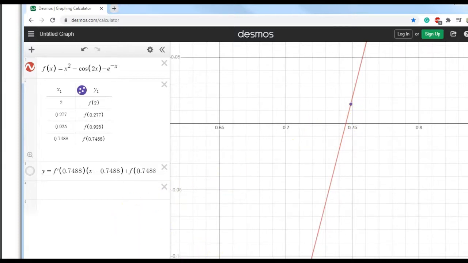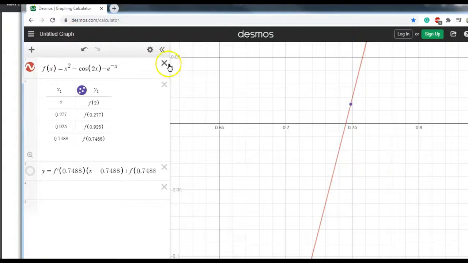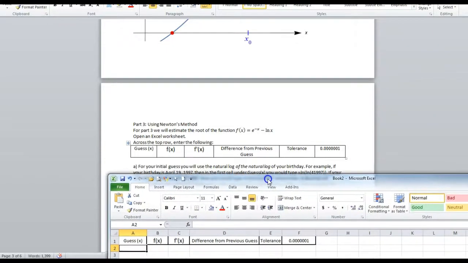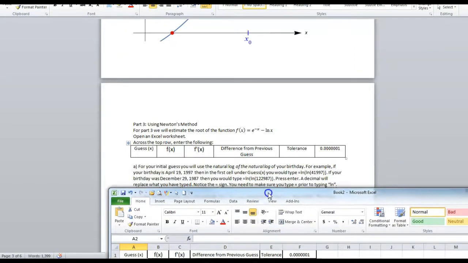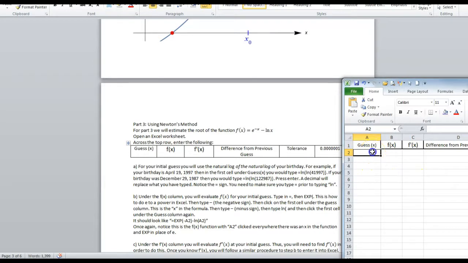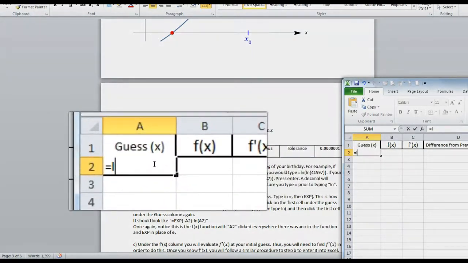Now, when you're doing Newton's method in Excel, if you look at what I tell you to do, it is the log of your birthday. So the natural log of the natural log of that number. Hypothetically, if that was your birthday, April 19th, 1997, you type in the natural log of the natural log, and then you type in your birthday with no slashes or anything like that.